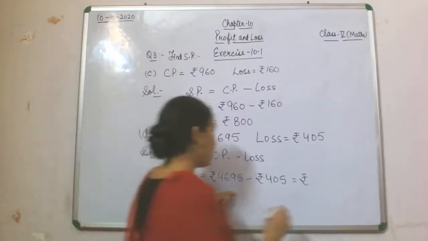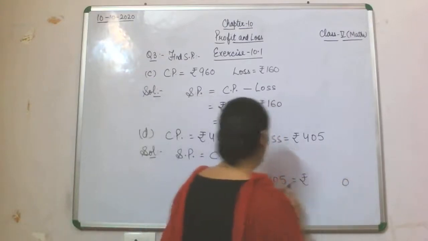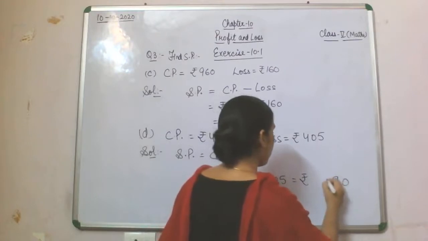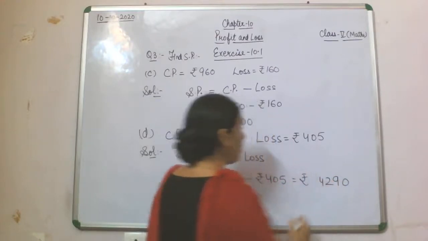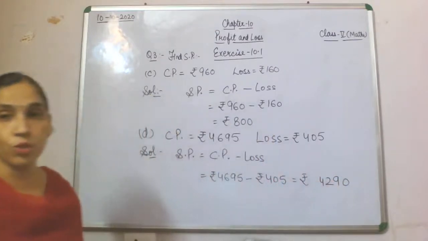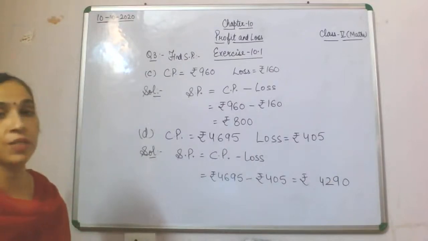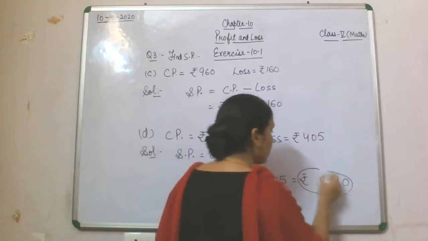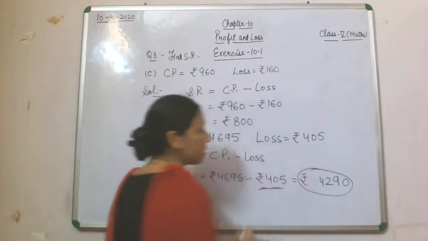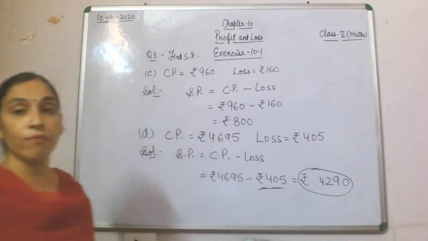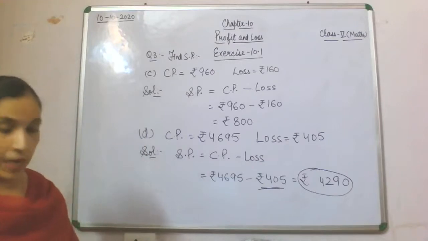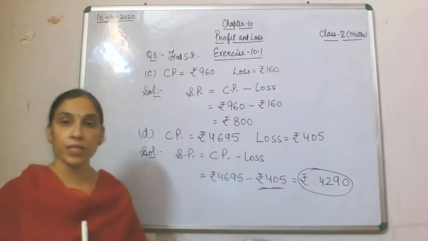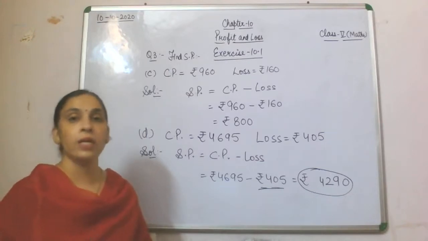So do the subtraction here: 0, then 9, then 2, then 4. So that item was sold for rupees 4,290. This will be your selling price, which makes a loss of rupees 405 on that item. So here we have seen a few cases of how to find selling price.